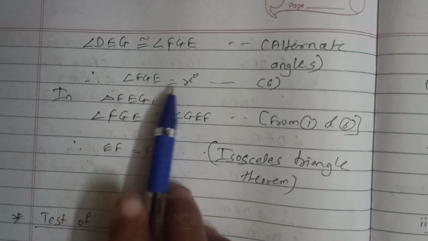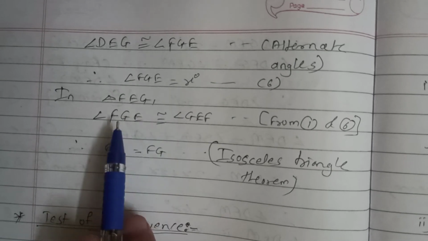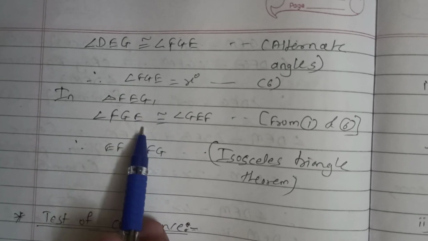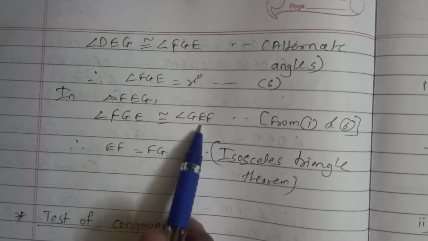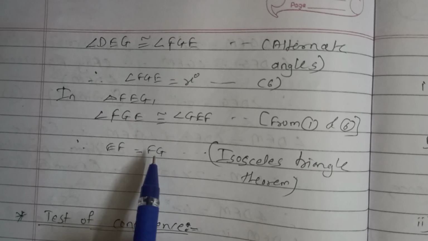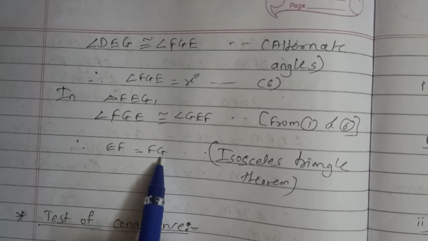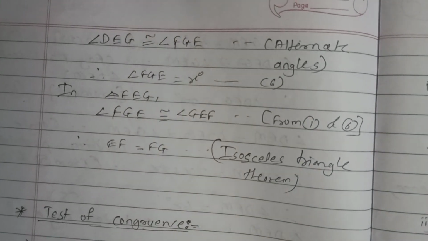Therefore angle FGE is equal to x degrees. Therefore in triangle FEG, angle FGE is congruent to GEF. Therefore as two angles are congruent, then the opposite sides will be congruent. Therefore EF is equal to FG, by the isosceles triangle theorem that we have already seen.